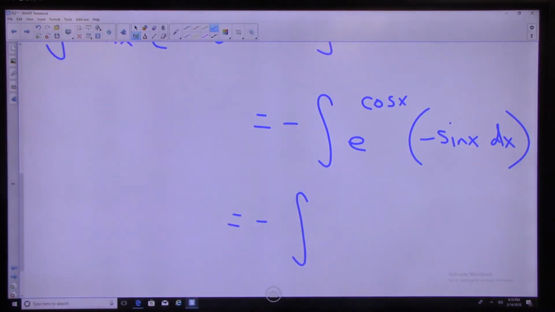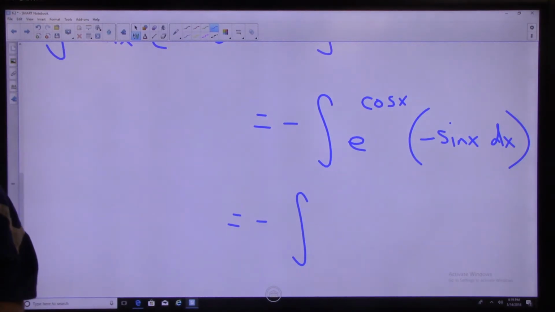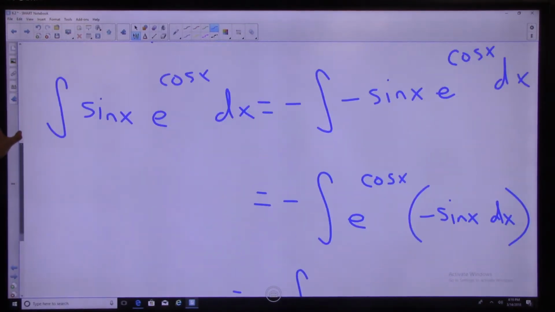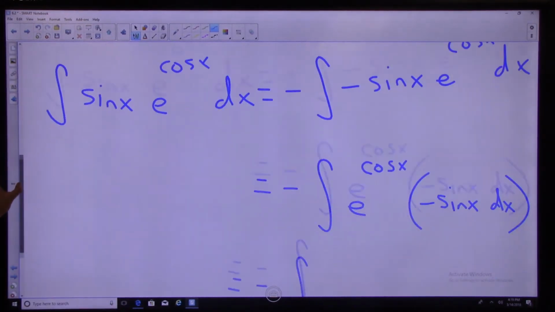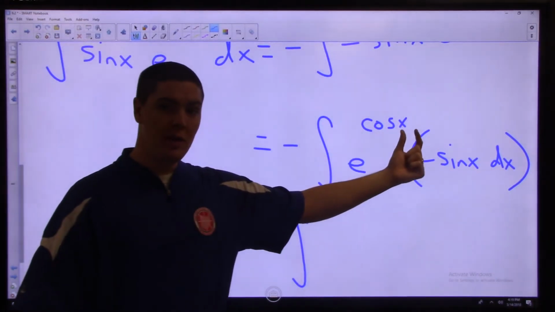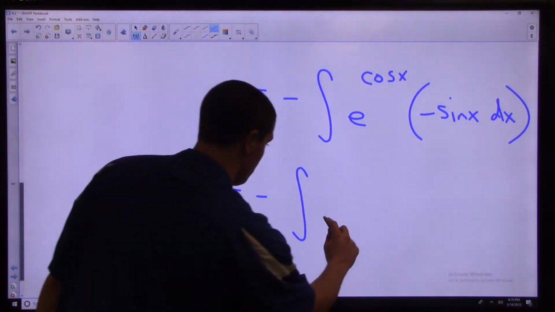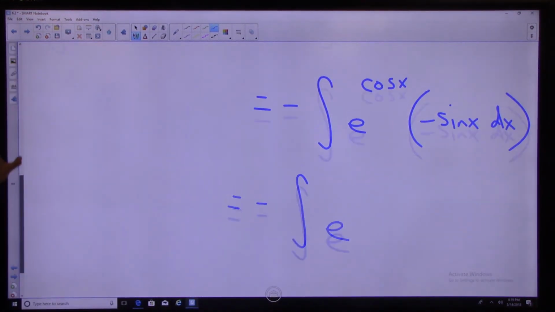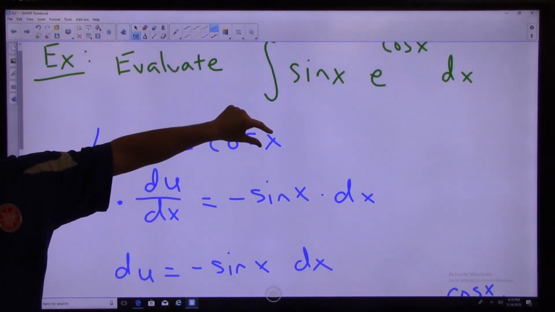I'm going to try to rewrite this. Instead of writing it as f of x dx, which is what my original is, a function with respect to x, dx, I'm going to try to write it as a function with respect to u, du. So think about this. I'm going to rewrite cosine. Didn't we let, right up at the very top here, u equal cosine x?